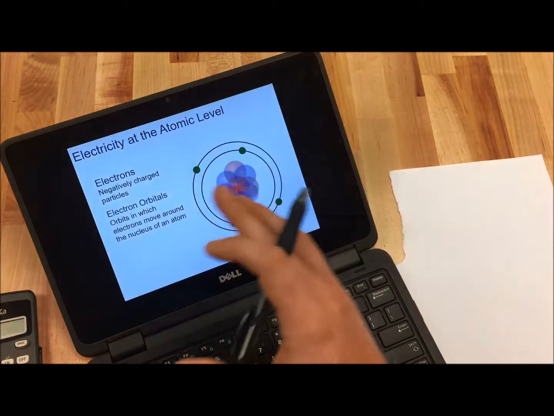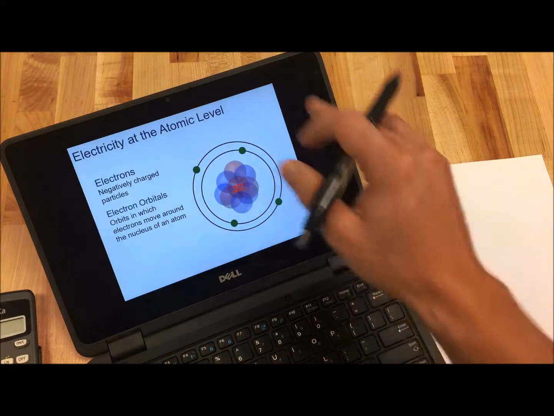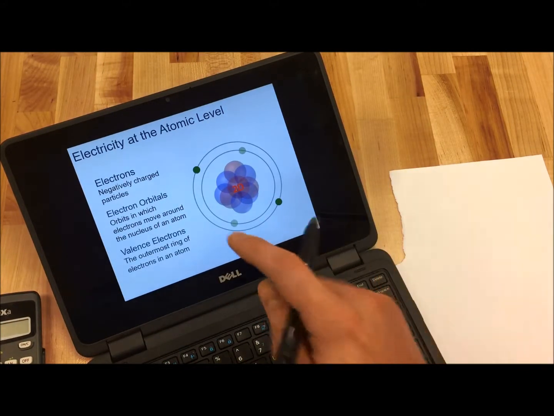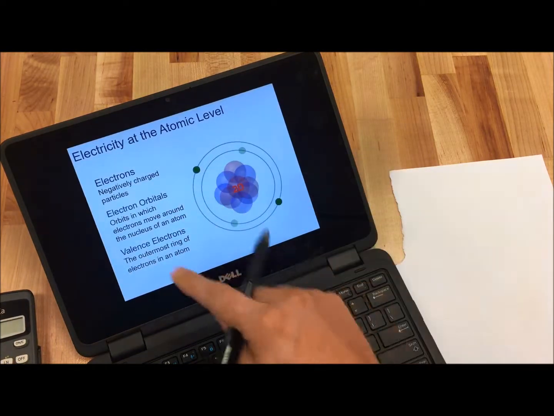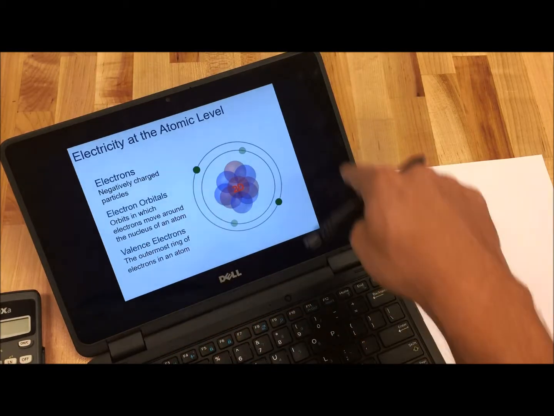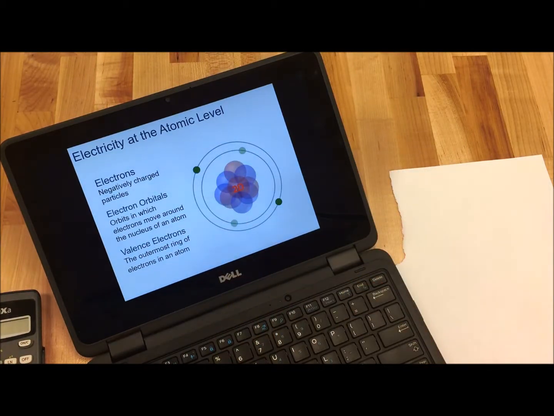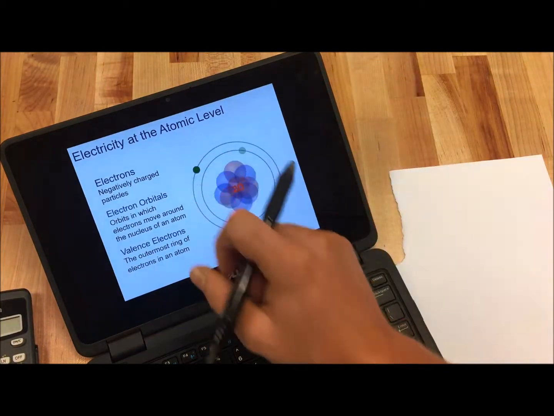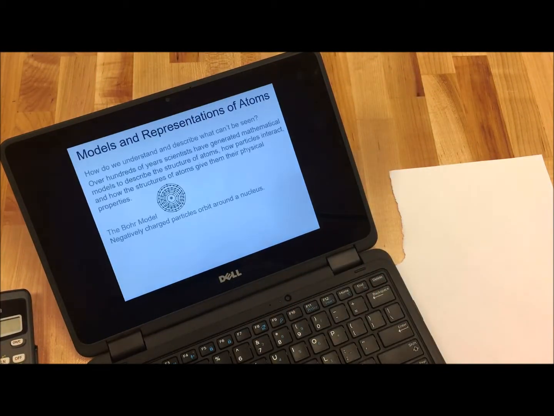The electron orbitals are the orbits in which the electrons move around the nucleus. Okay, the valence electrons, and this is the important part and why we're in here, are on the outermost ring of an atom, and those determine whether an item is either a conductor or an insulator.